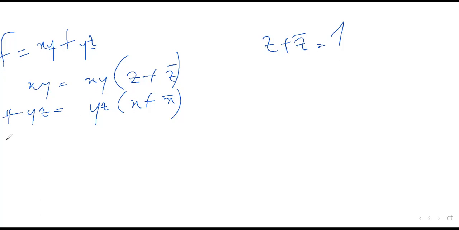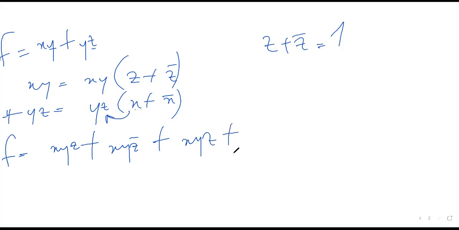So if we combine these two and expand, we can have f equals xyz plus xyz bar plus xyz, this one, then plus x bar yz. Now there's another rule which can come into place.